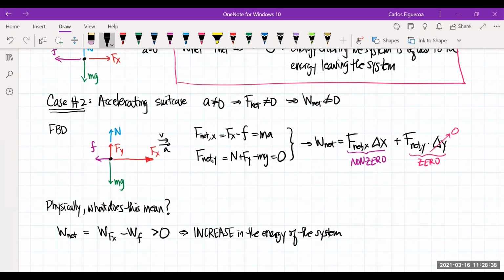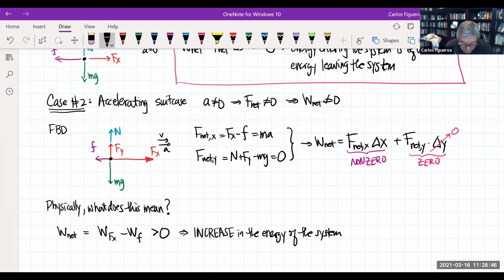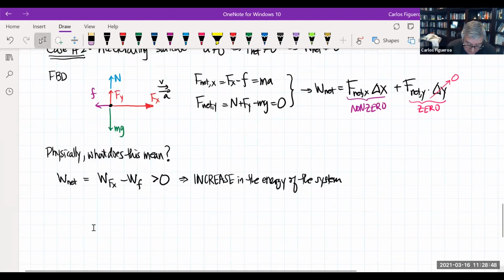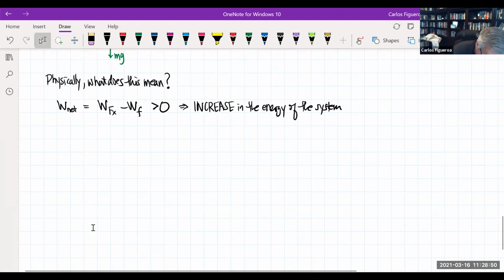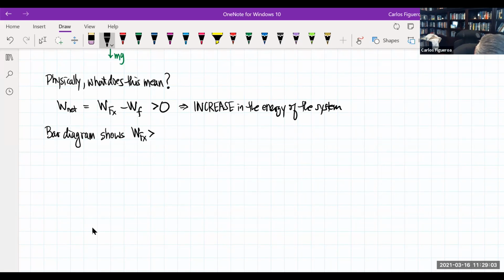So picture-wise, what does this tell me? Using a bar diagram, it shows that the work of F of x has to be greater than the work of friction. Imagine that I start off with the system looking like this much.